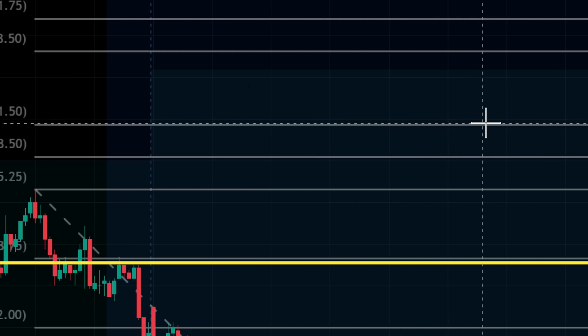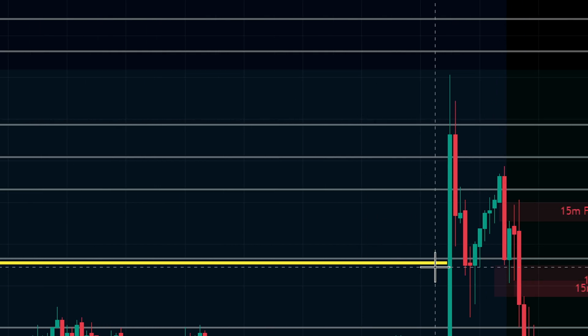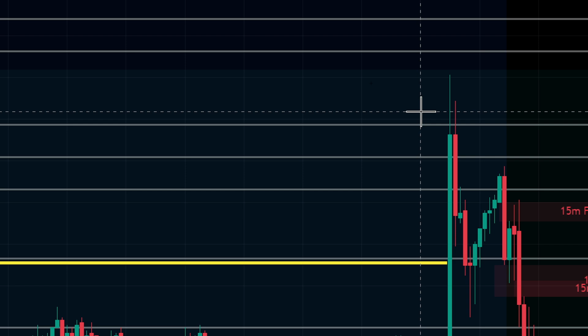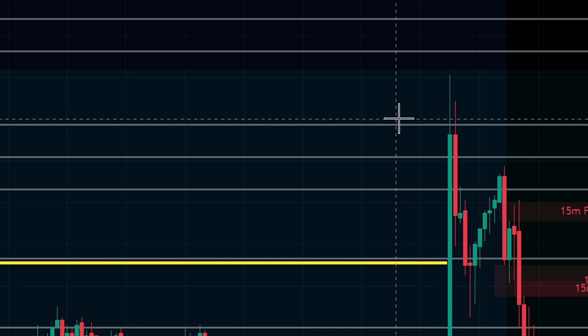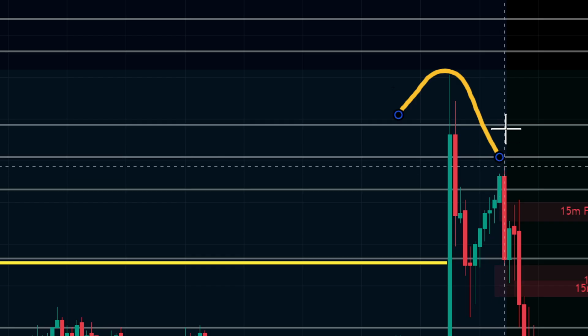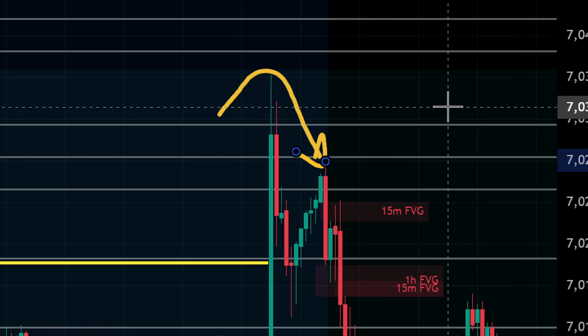So let's follow this line over this way. Here, it broke outside of the box, but it couldn't close above the 236. Therefore, it went right back down.